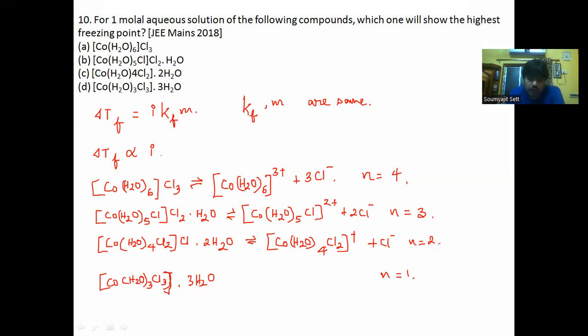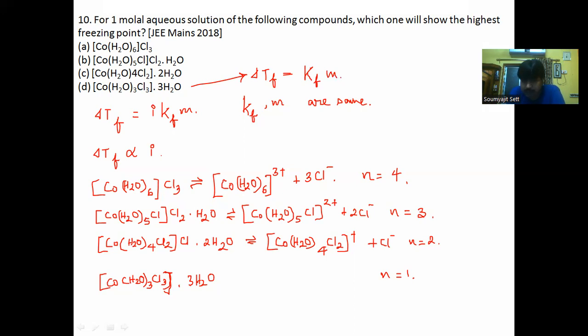So the freezing point will be lowest for the last one, because for this delta Tf is equal to only Kf into m.